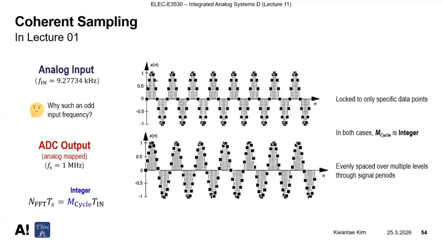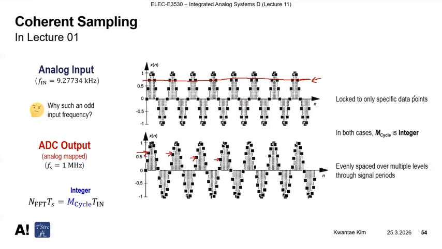So let's have a check. In the first case, each sample is pointing at the same level, the same value. But in this case, these values are slightly changing over time. We want this kind of situation. Otherwise, by means of sampling, it will look like it is inherently quantized already.